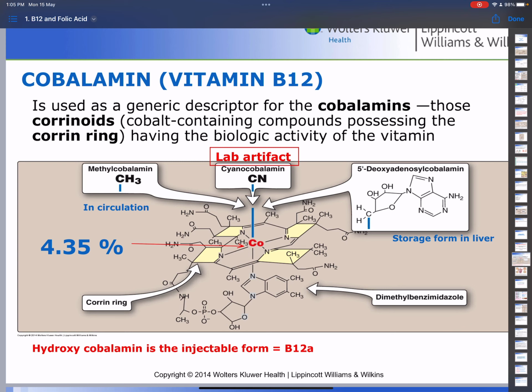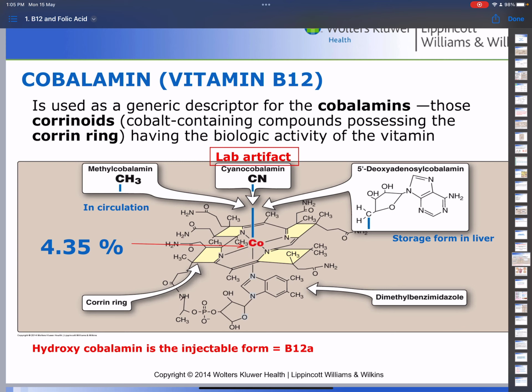The middle one, cyano, is a synthesized form. In the lab, when we deal with cobalamin, we get artifacts, which is cyanocobalamin. Okay? So it's not the natural structure of vitamin B12 that you have to take or use, or that can be formed in the body.